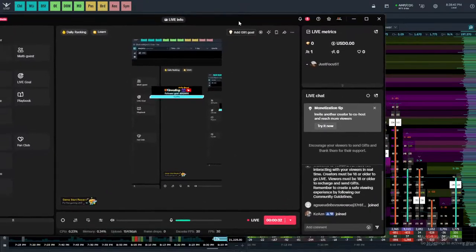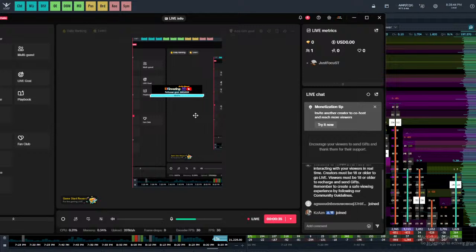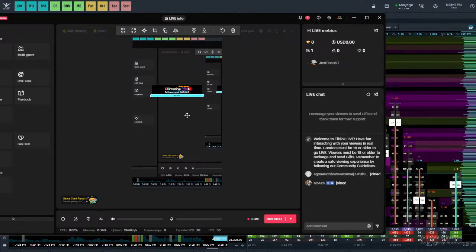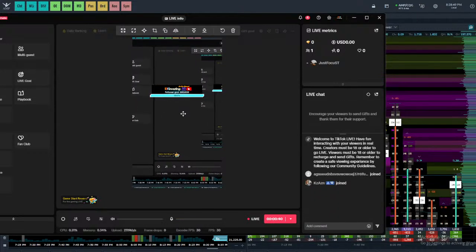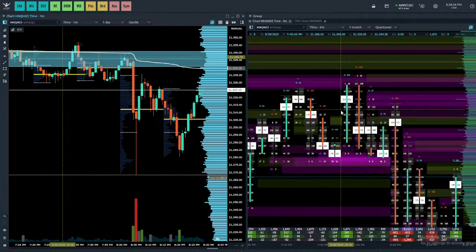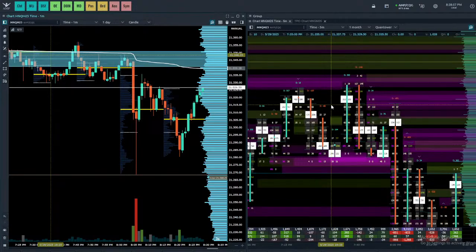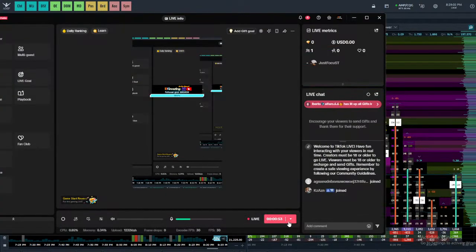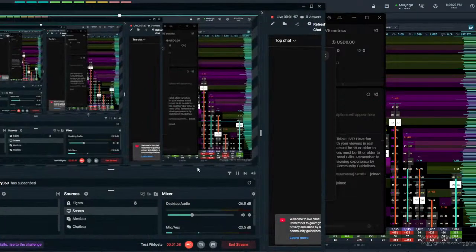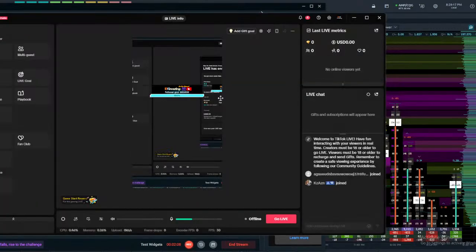I can't see anything working off this one screen. Oh my god, my whole thing is messed up. Hold up. My whole setup is messed up, bro.